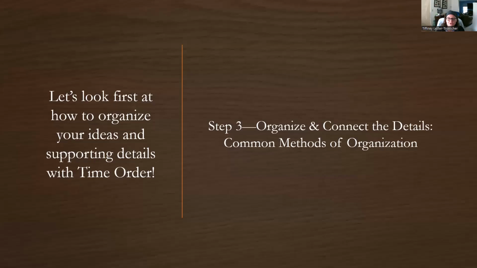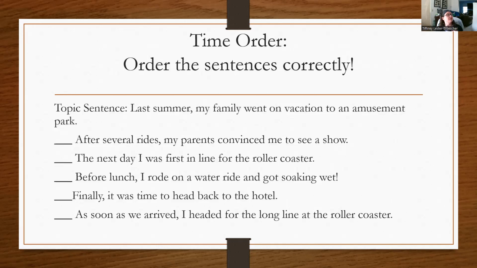Right, we're going to look first at time order. So what we have here is a small paragraph. We have our topic sentence for the paragraph, right? Last summer, my family went on vacation to an amusement park. But then, as you can see, all the rest of the sentences for that paragraph are just listed here in no particular order.